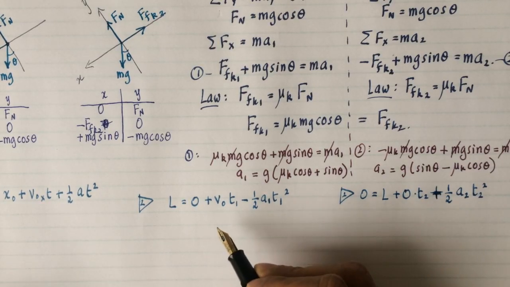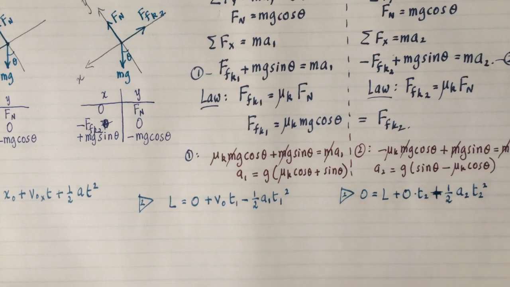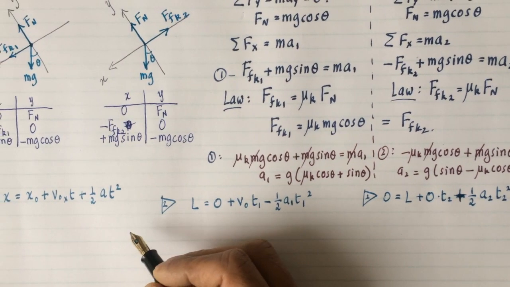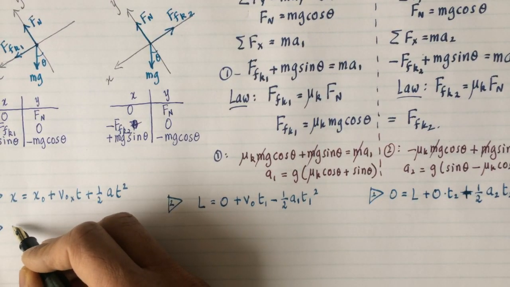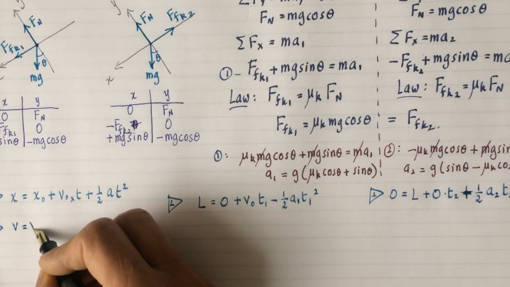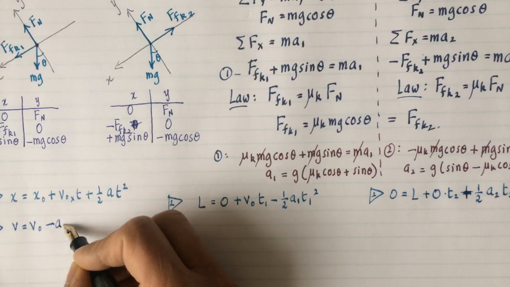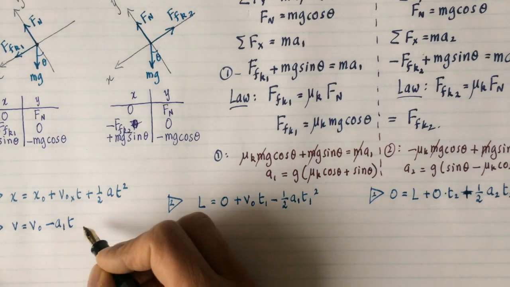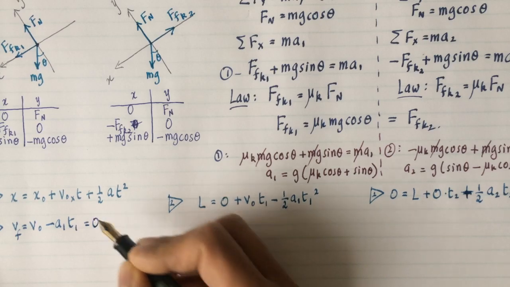So I still have to find out what the initial velocity is. That is something you have to do separately. So the kinematical equation 1 can be used for that. On the way up, we have v equals v naught minus a1 t. Well, the final velocity, v final, is 0. So I'm going to get that to be 0.